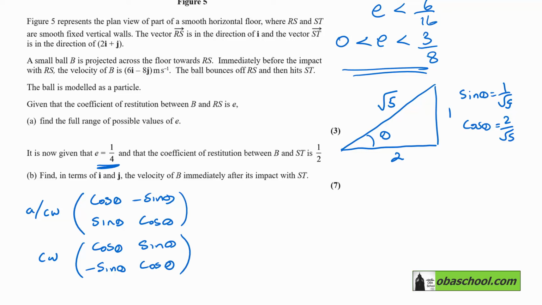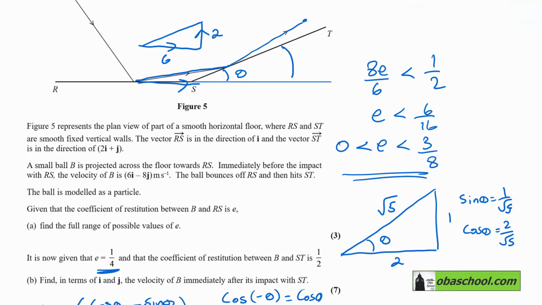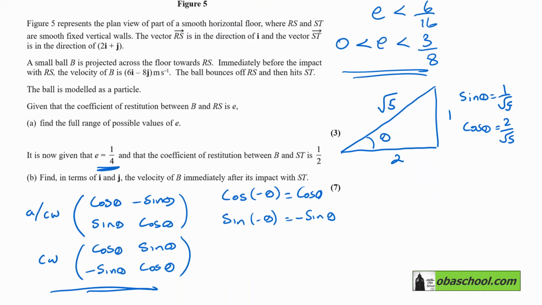And the reason is that cosine is an even function, so cos of negative theta is equal to cos of theta, but sine of negative theta is equal to the negative of sine theta. And so that's how we get to this clockwise rotation, because if we're going to rotate this so that it's flat, we're rotating in a clockwise direction.